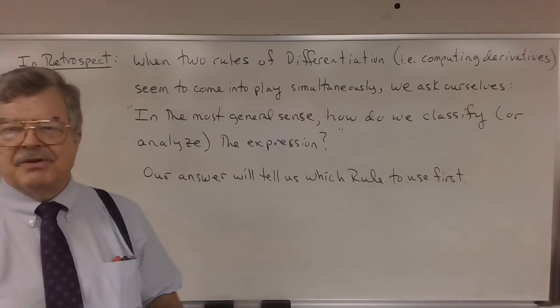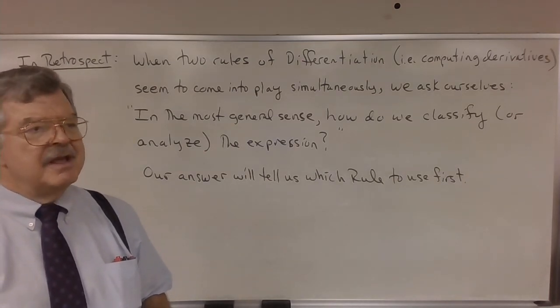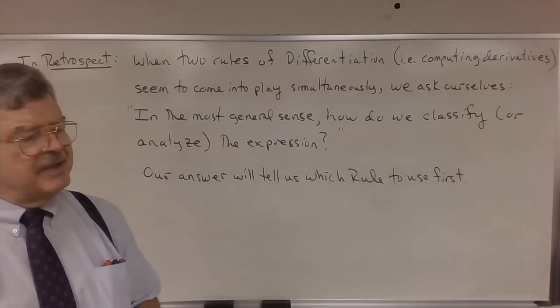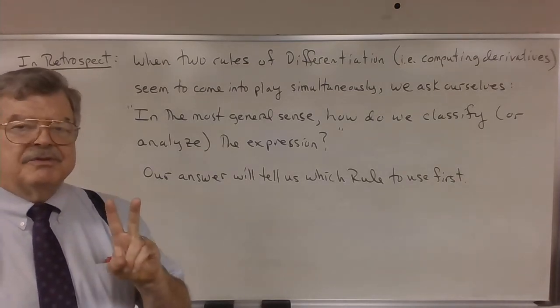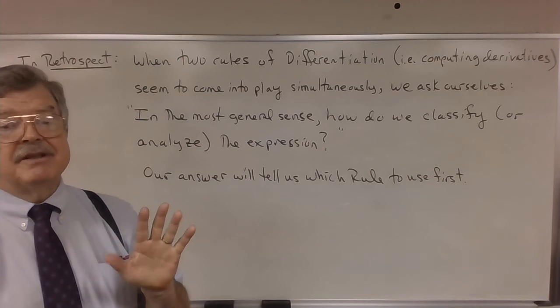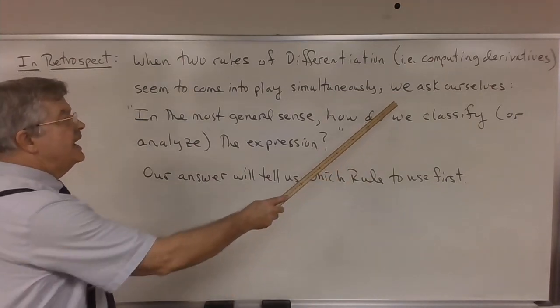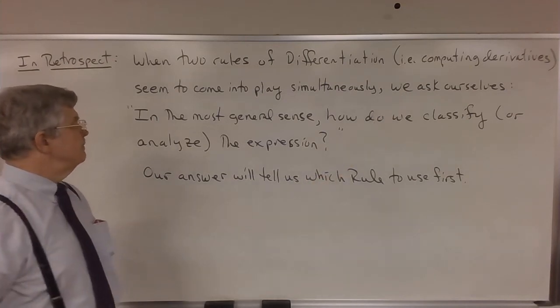We have a quotient, we have a composite function. Do we use the quotient rule? Do we use the chain rule? When two rules come into play simultaneously, or they appear to, we ask ourselves this question.